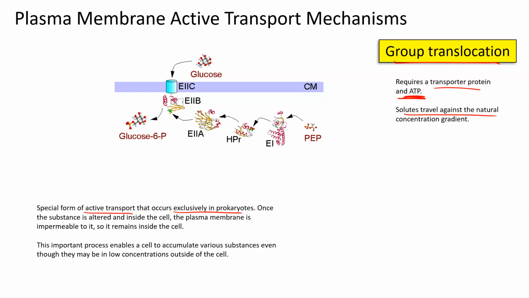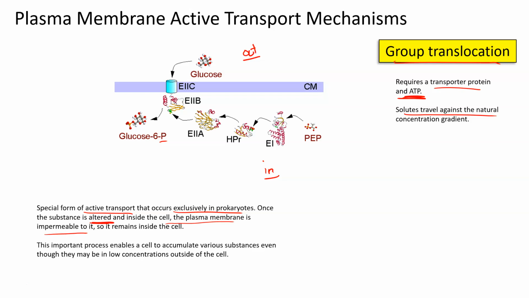Once a substance, like glucose in this case, moves into the cell, this being the outside and this being the inside, it's slightly altered from glucose to glucose 6-phosphate. Once it's altered, it remains inside the plasma membrane and is not going to be able to escape.